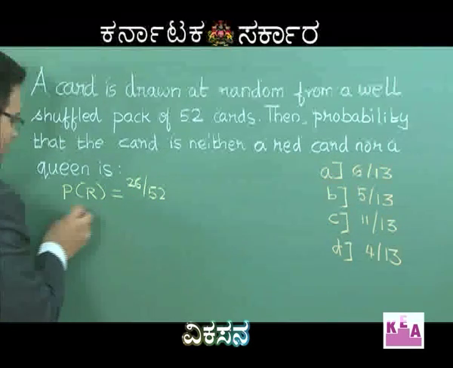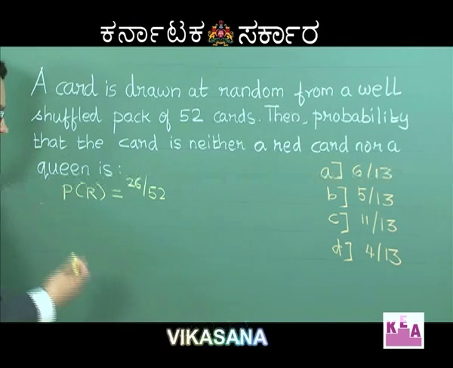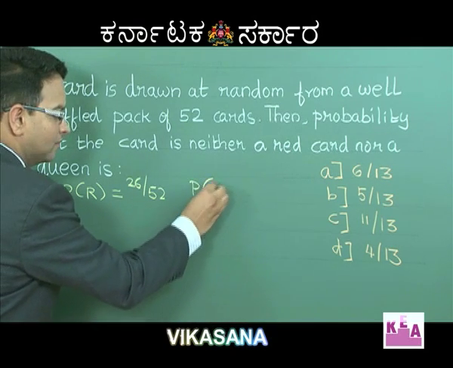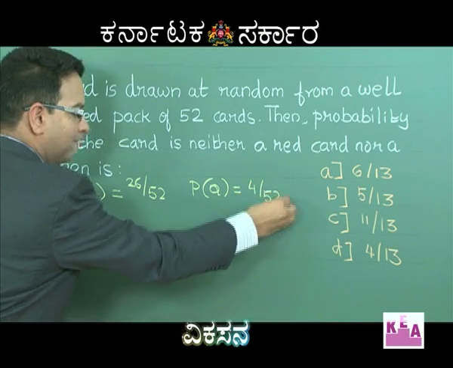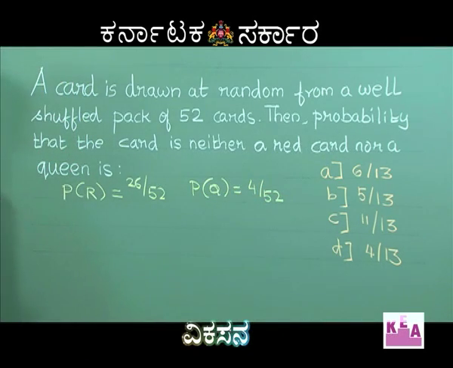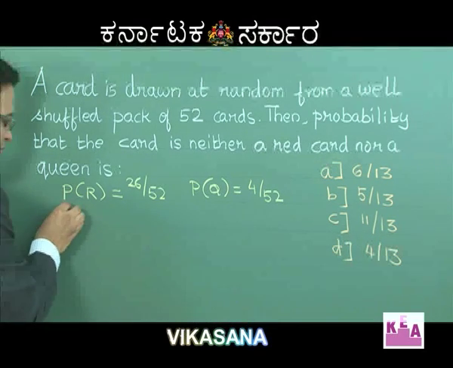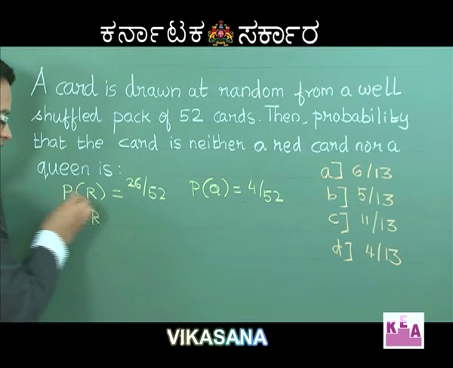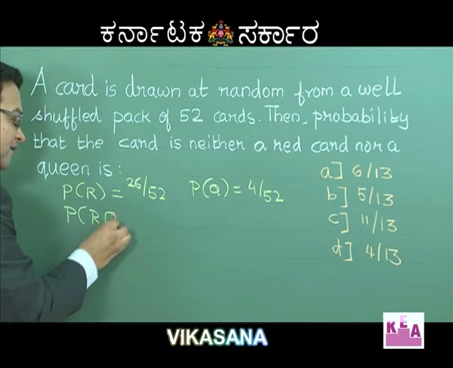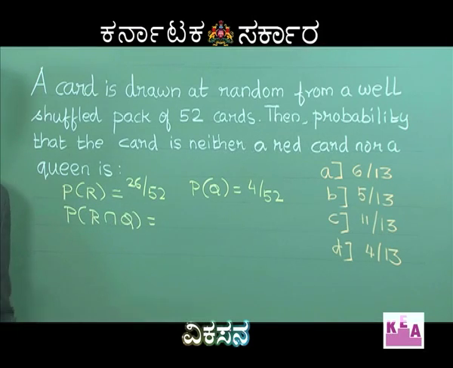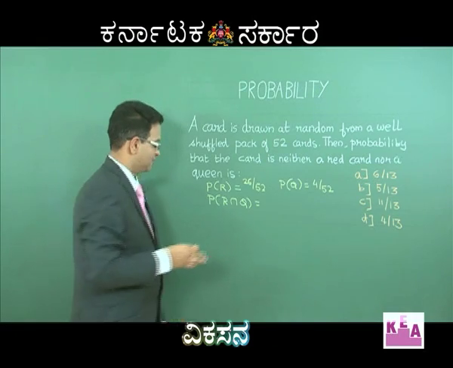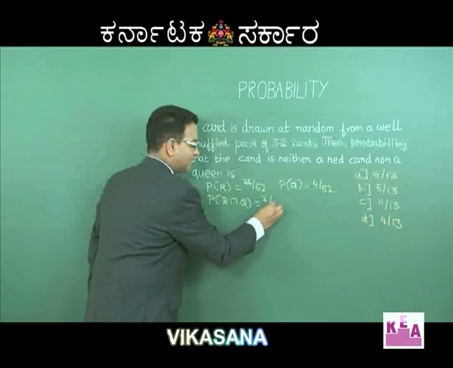And then the probability that the drawn card is going to be a queen is going to be 4 divided by 52. And the probability that the card is a queen and it is also a red card, that means probability of the card being red and the card being queen, would be. So we have 2 red queen cards, therefore it's going to be 2 divided by 52.